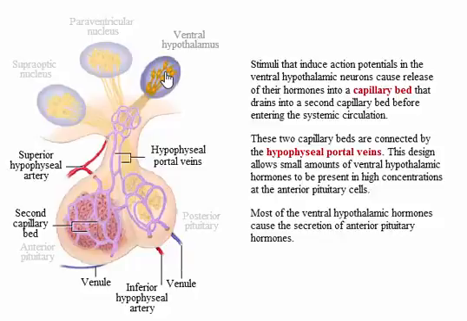Recall that most of the ventral hypothalamic hormones cause the secretion of anterior pituitary hormones. Click Continue to proceed.